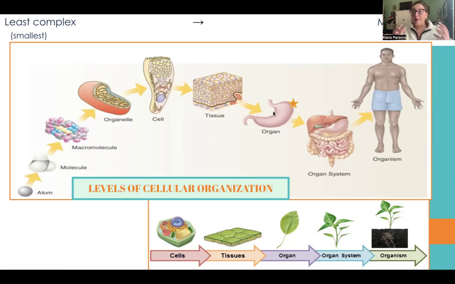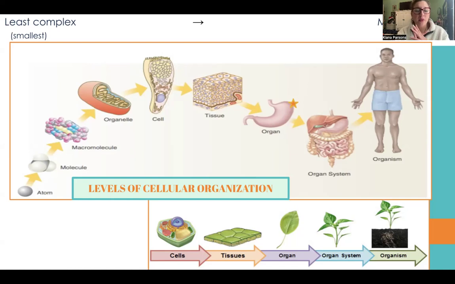And organs are made up of tissues that work together to carry out a specific function for the organ system that makes up the organism, which has all of these different organ systems, organs, tissues, cells, and even organelles working together to maintain homeostasis and carry out all of these life functions that are involved in being alive that we're about to go through.